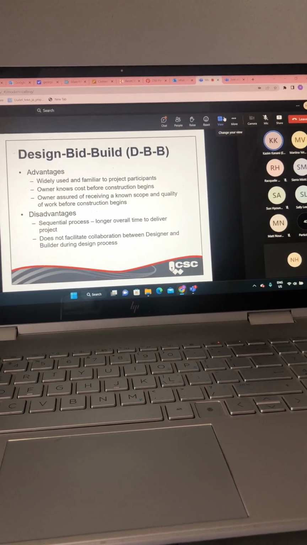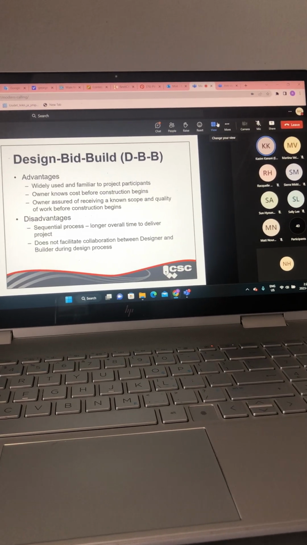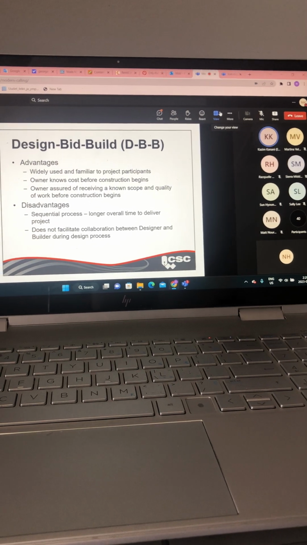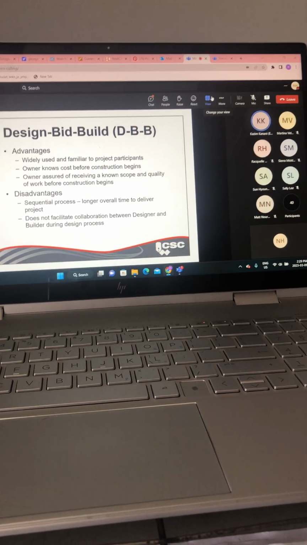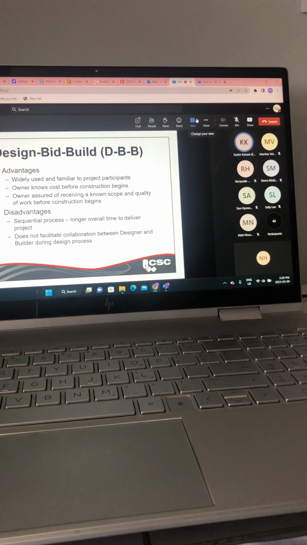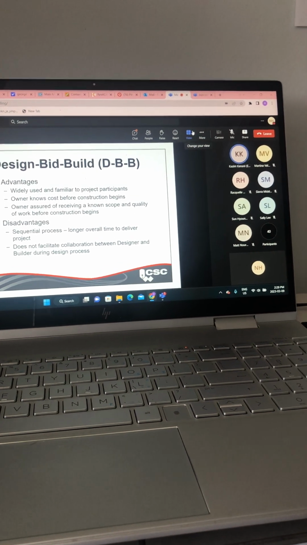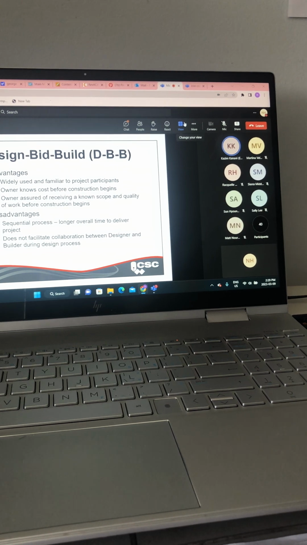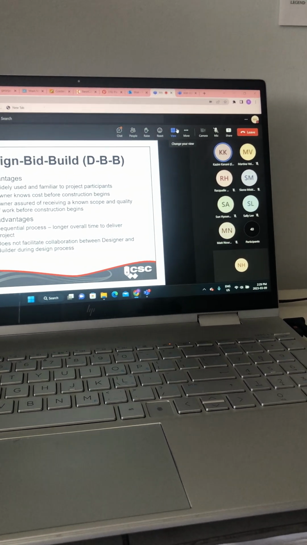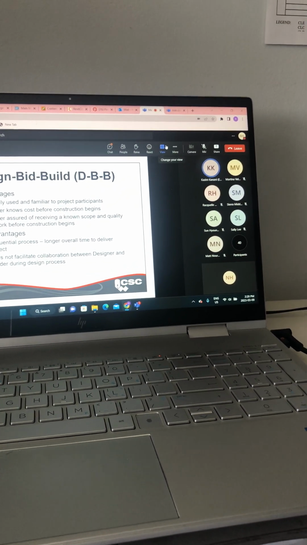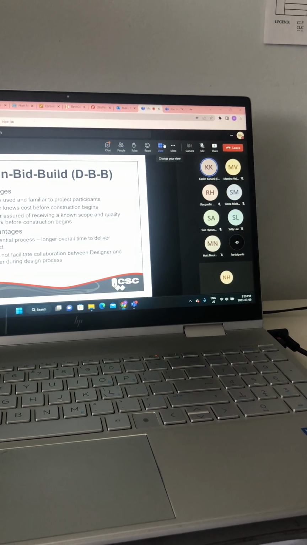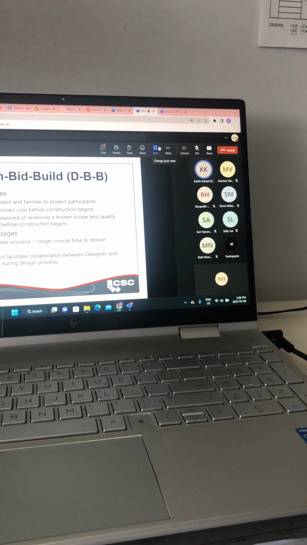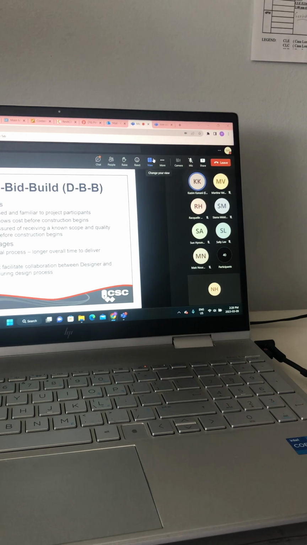So then we talk about some of the disadvantages. It takes a long time to go through this project delivery method. Given that it's a sequential process, it takes longer time to deliver the end result. Furthermore, this particular project delivery method does not facilitate any collaboration between the consultant and the owner. And the reason why it doesn't is because everything is done sequentially.